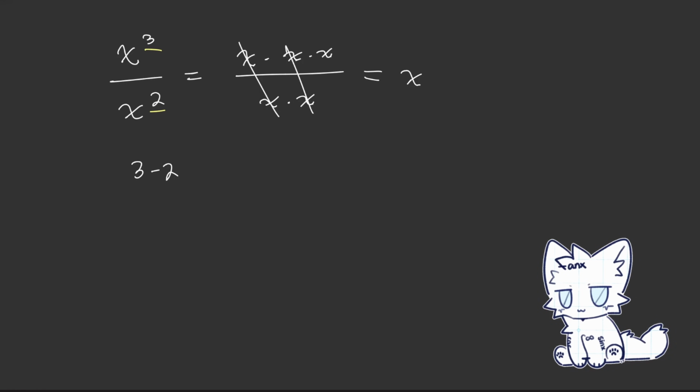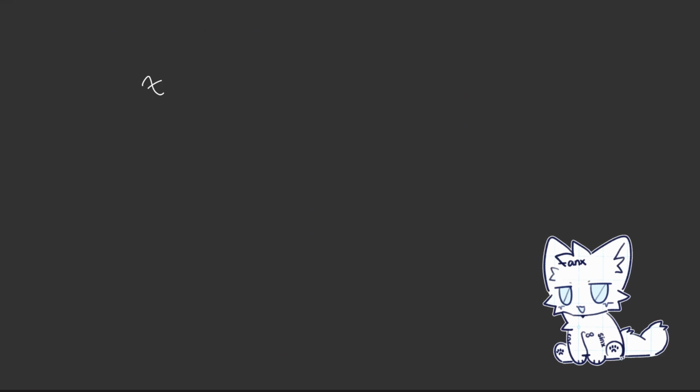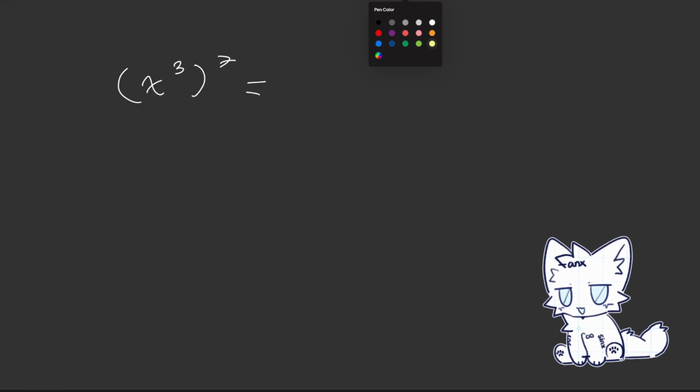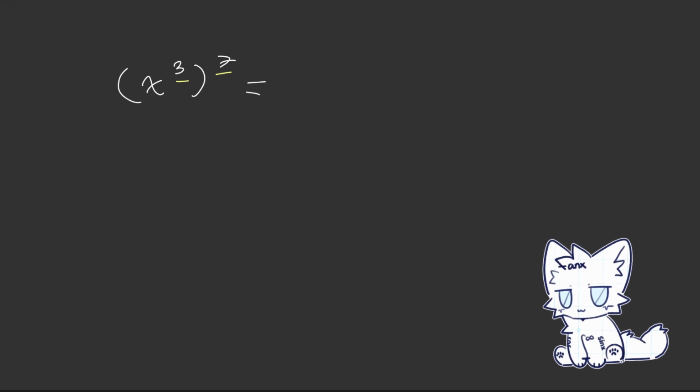And let's see another example. So what would happen if you have x to the third power to the 7th power? Well, we can just multiply 7 and 3 and we get 21, right?